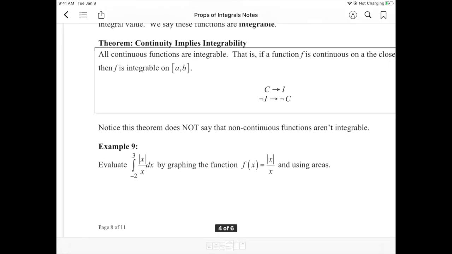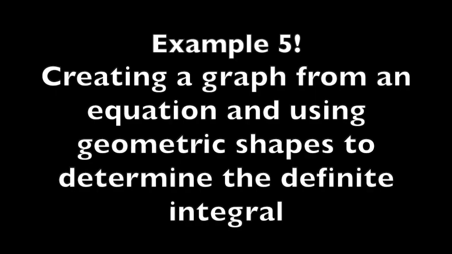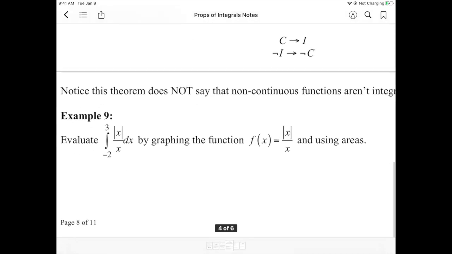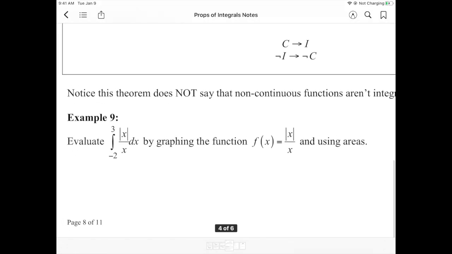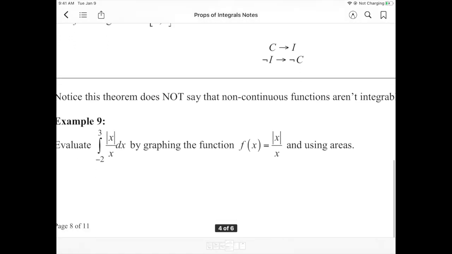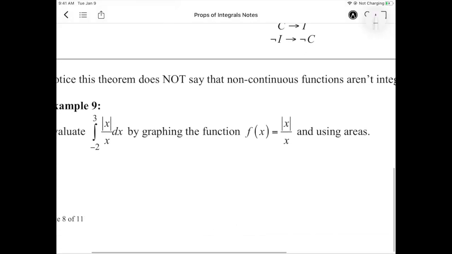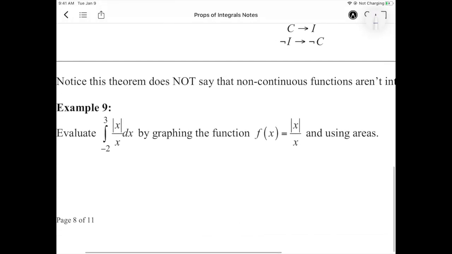I want to get you started on example 9. That's another one I want you to try on your own. I know this equation looks nuts. It's actually kind of a really cool graph. So I'll show you the graph.